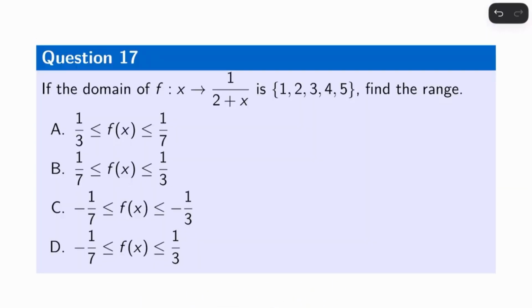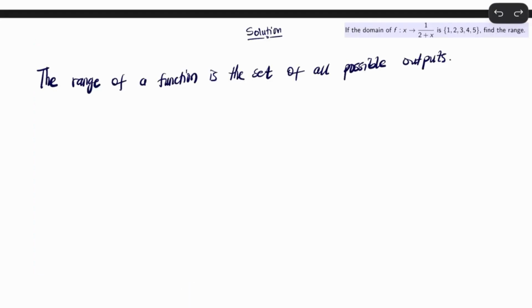Question number 17. If the domain of f, where f is defined to be this, is 1, 2, 3, 4, and 5, find the range. Solution. The range of a function is the set of all possible outputs. So here we have the function f of x defined to be 1 on 2 plus x, and the domain is giving us 1, 2, 3, 4, and 5, right?